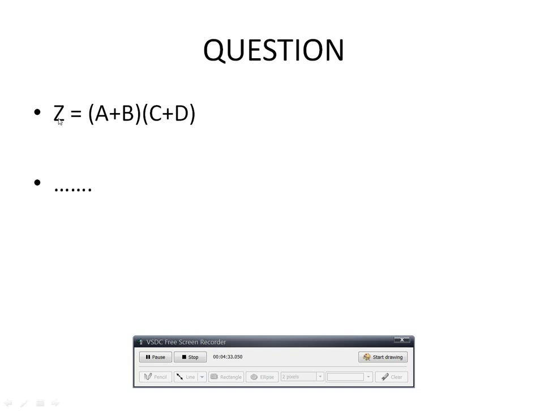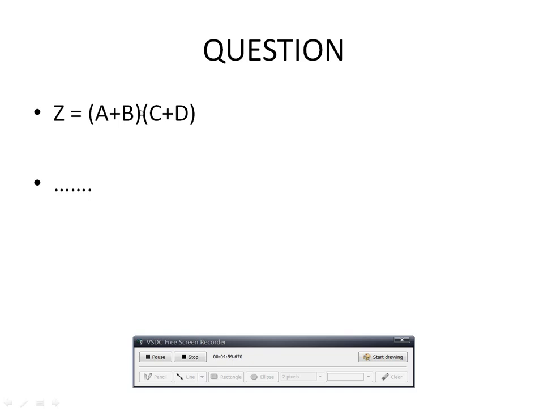So going over to the question, we have here the output, which is Z, or the result. Z equals (A + B) in brackets, remember we call this the OR. Then we have another separate (C + D) in brackets.